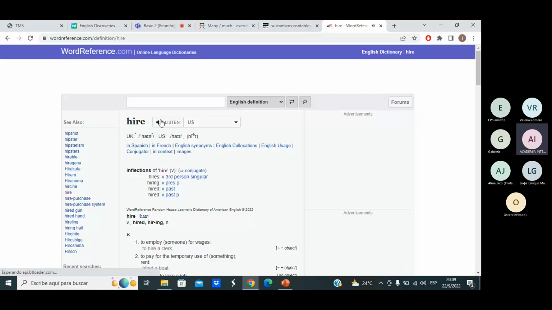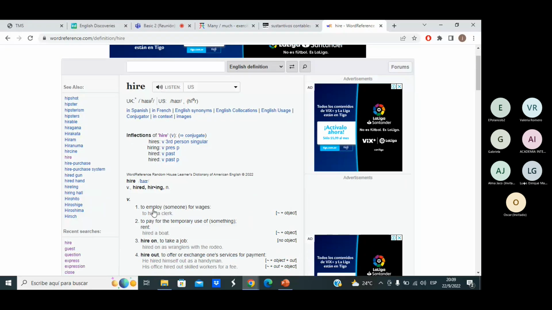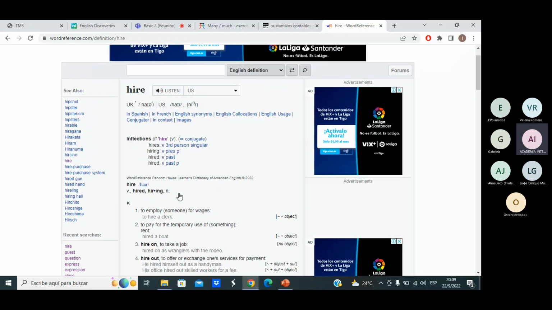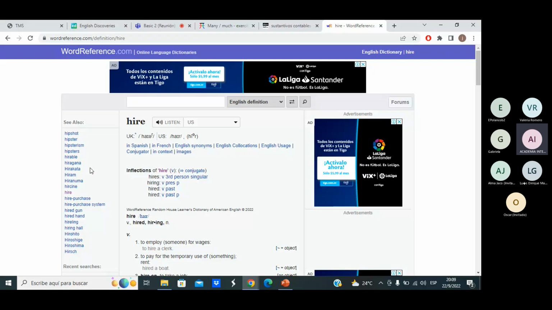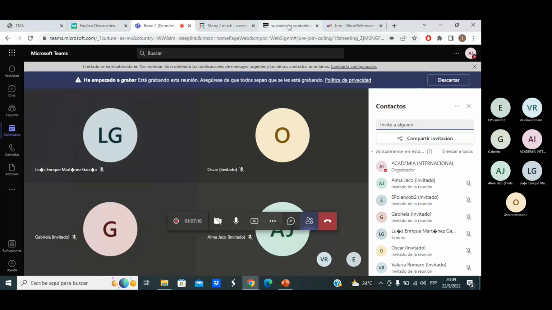Hire. Aquí dice to employ someone. Con darle empleo a alguien, ¿verdad? To pay for the temporary use of something. Aquí todo está en inglés. No vemos la traducción, ¿verdad? Solo sale una explicación nada más. Pero para escucharla, hire. That means contratar.